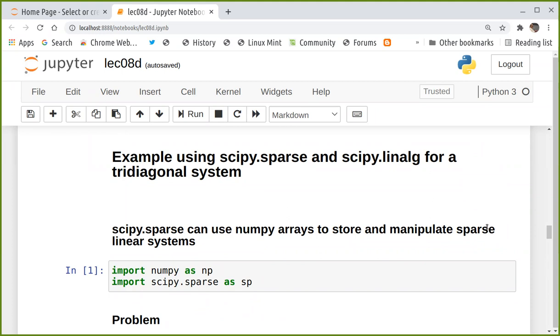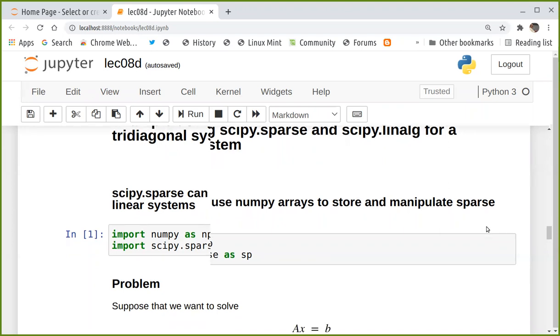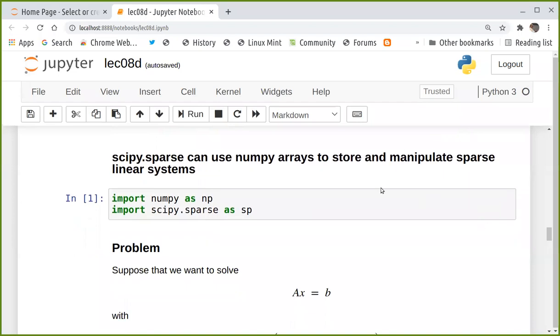Okay, so there's a module called scipy.sparse, and we're going to use that. The first thing you want to do is import numpy as np, because we're going to use numpy arrays for this problem.